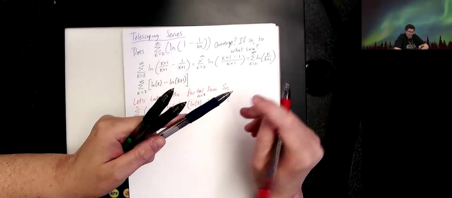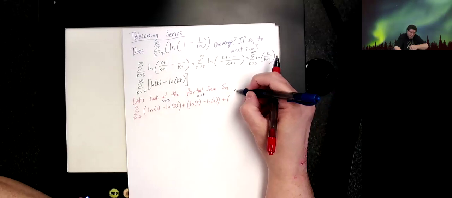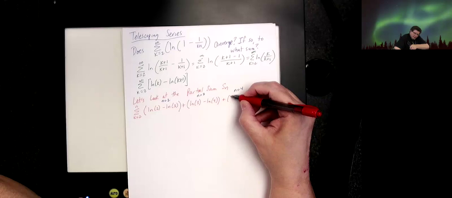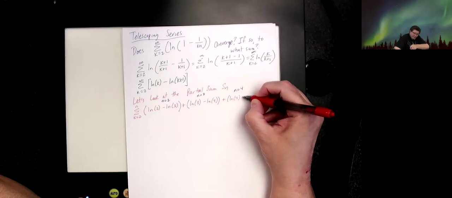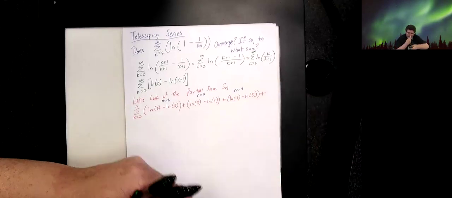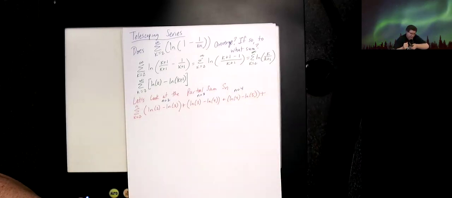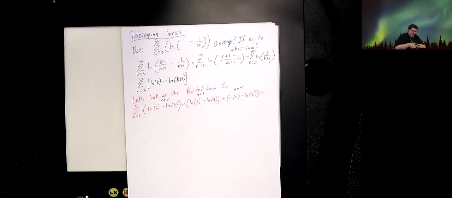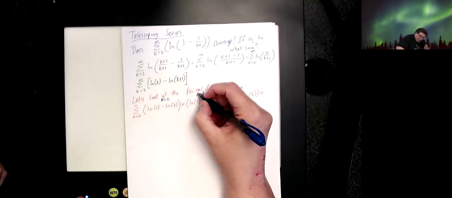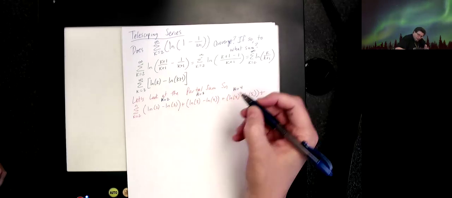And then we're going to add n equals 4. Plus natural log of 4 minus natural log of 5. Plus, maybe I shouldn't be doing n. I should be writing that as k. We're on k equals 2, k equals 3, k equals 4.